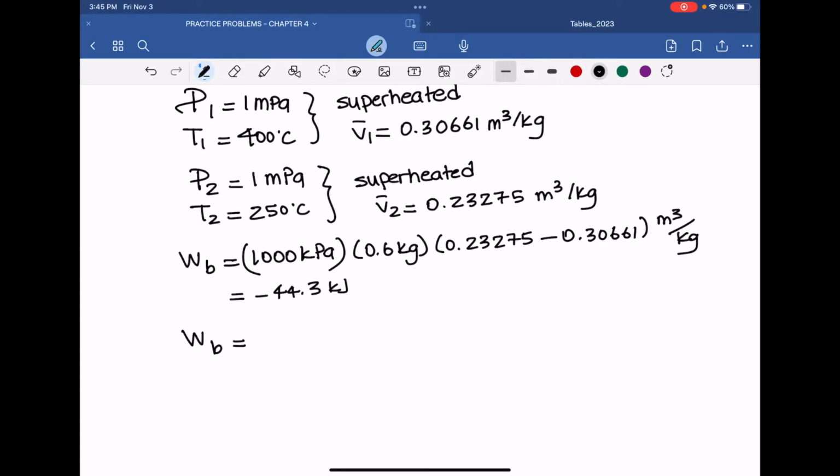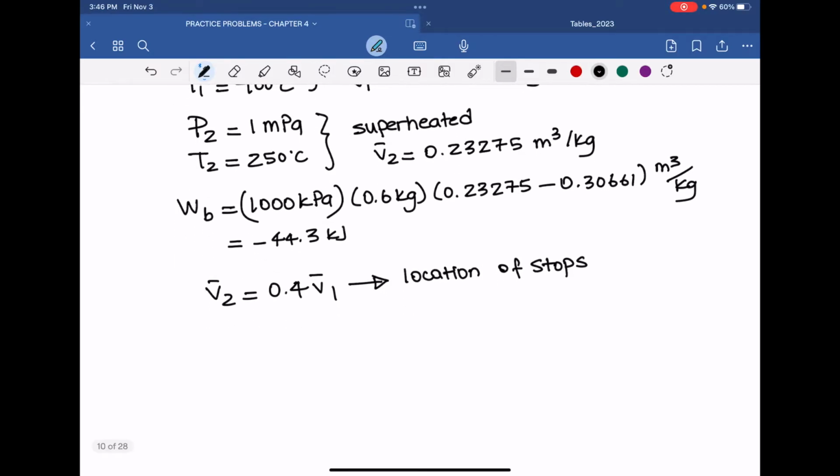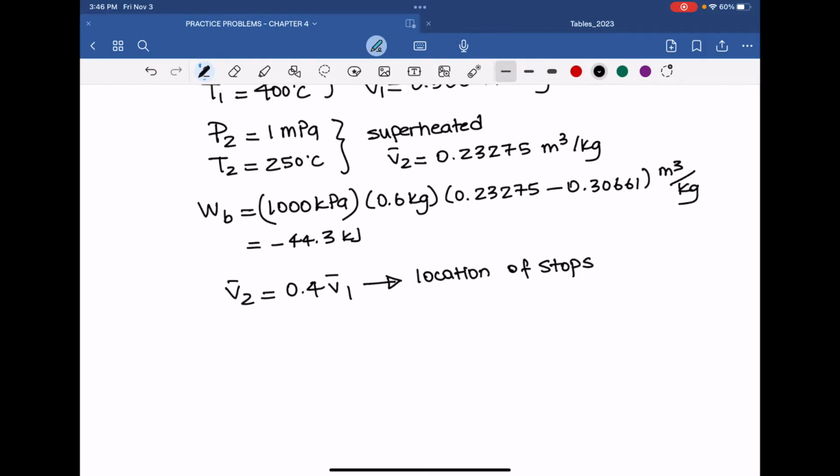So that means, let's write it down first, V2 equal to 0.4 times V1 is the place where the stops are located. If it's gonna go all the way to the stops and stop there, how much boundary work do we need for that? How much compression needs to be done?